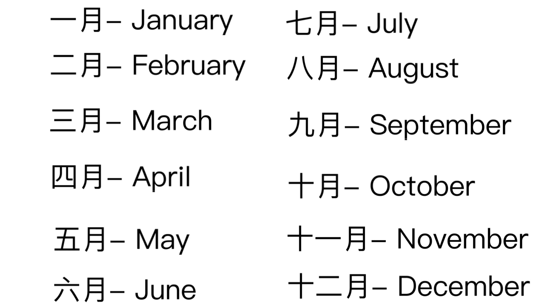As you can see, these are the 12 months in a year, and if you notice, almost every character in every month in Chinese is the same. All of these months have the word yue connected to them.